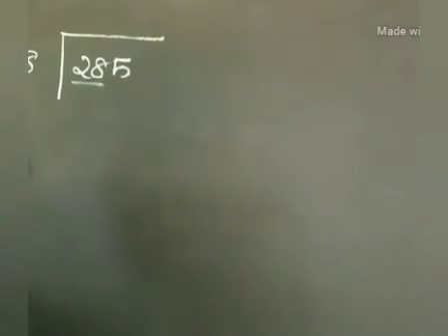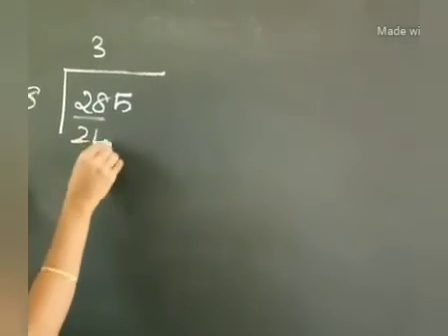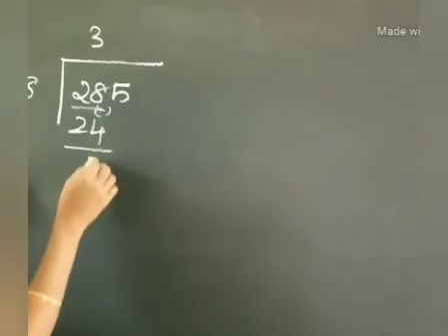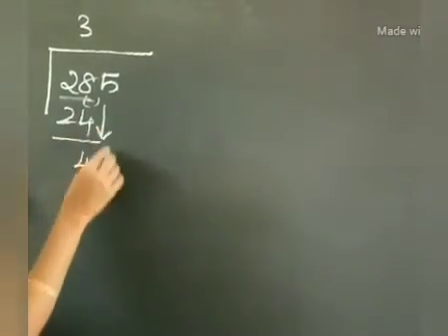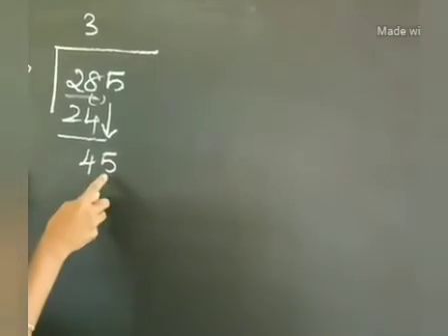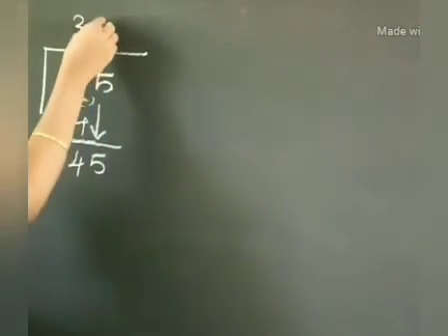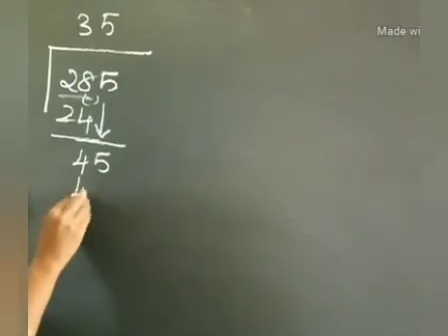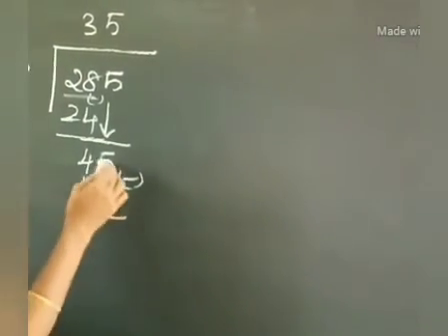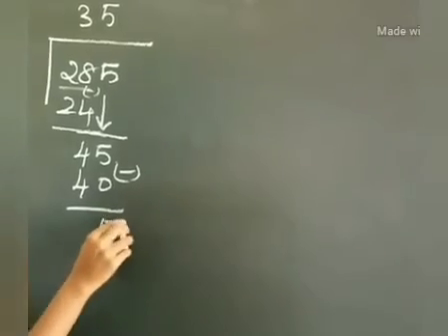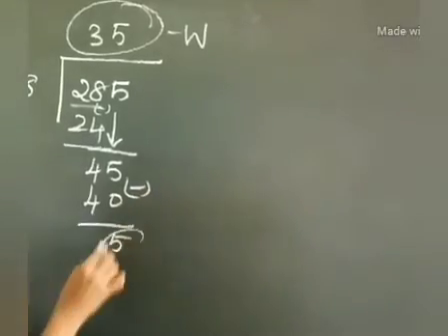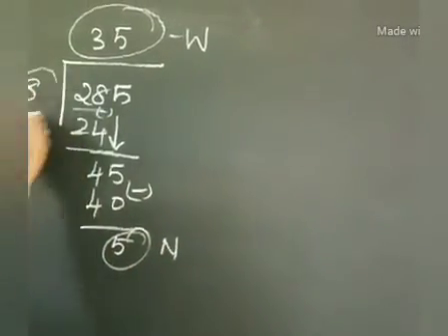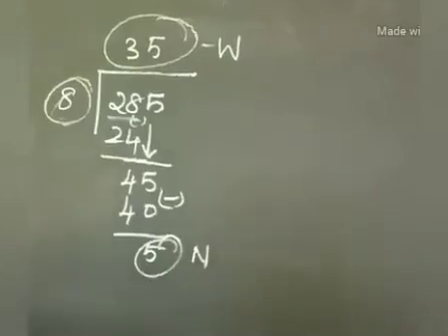So in the table, 1 8 is 8, 2 8s are 16, 3 8s are 24. 28 minus 24, you get 4 as remainder. 4 is smaller than 8, so we have to write down 5. In the 8 table, 8 5s are 40. 45 minus 40, you get the remainder 5. The quotient is the whole number, the remainder is the numerator, and the divisor is the denominator.